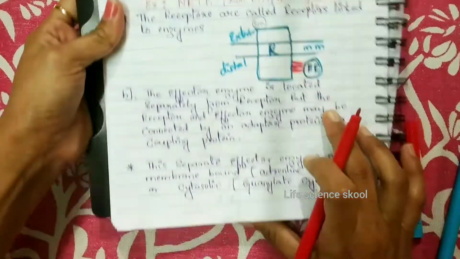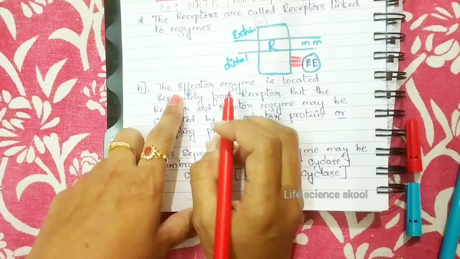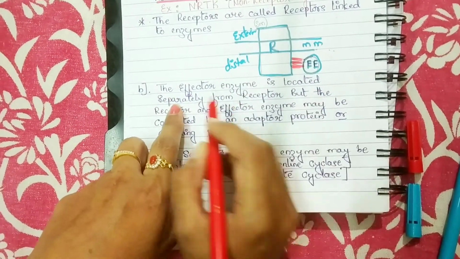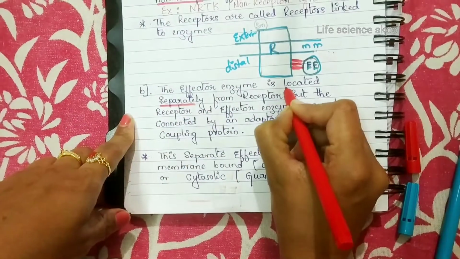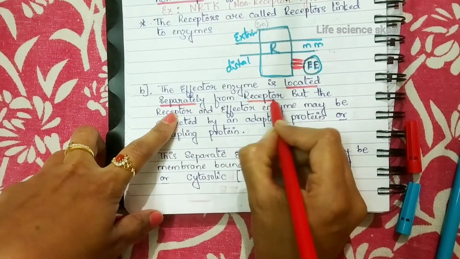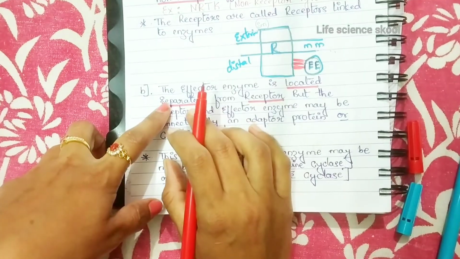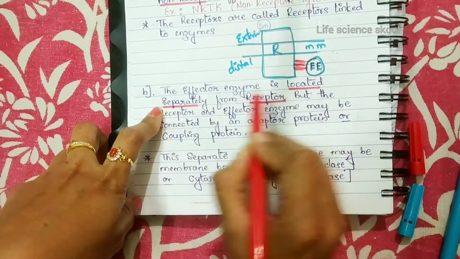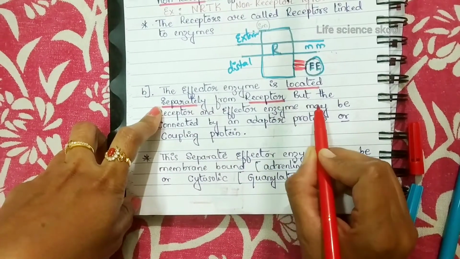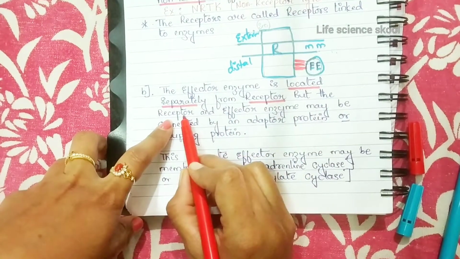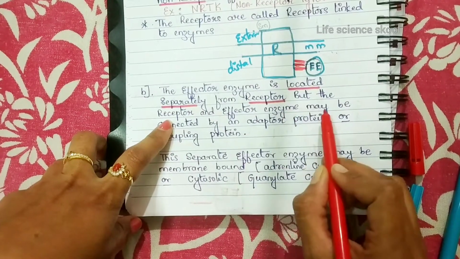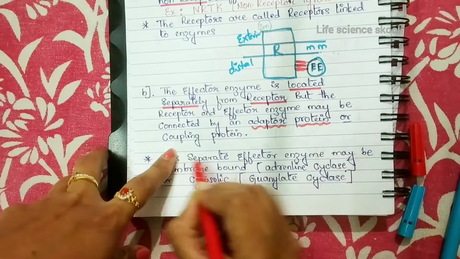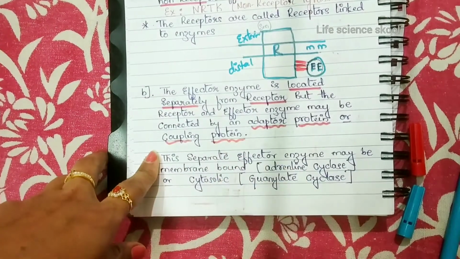Now the second type. In the second type, the effector enzyme is located separately from the receptor, but the receptor and effector enzyme may be connected by an adapter protein or coupling protein.